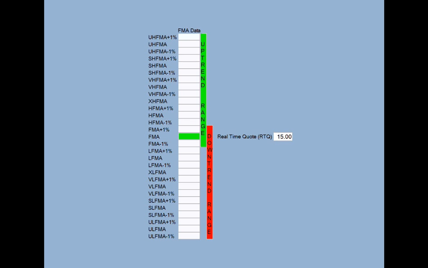This FMA stock rating display has been configured with artificial real-time quote prices of $1 through $29 to demonstrate how the 29 FMA price indicators are highlighted to indicate the appropriate FMA Stock Rating Indicator label: Uptrend Range, Neutral Range, or Downtrend Range.